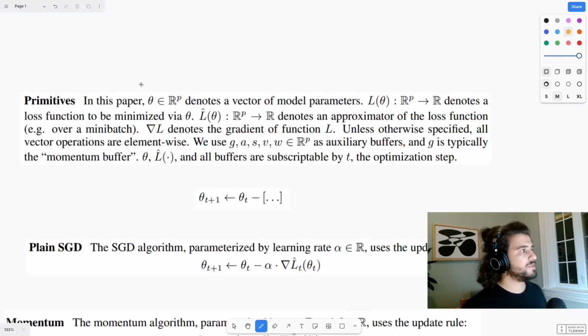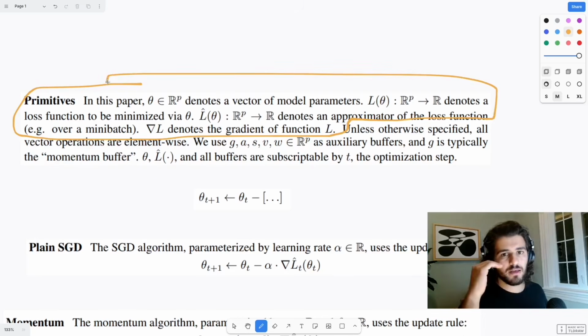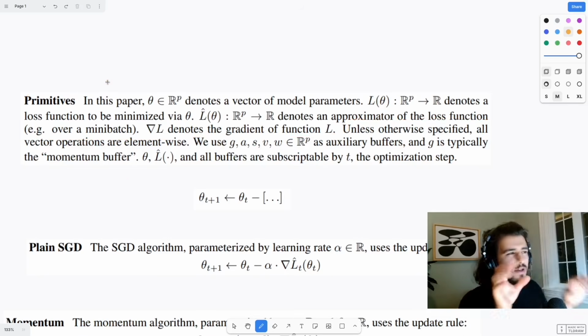Like all of these, it's already a whole bunch of unknowns that are put out. But you have to stop and really put in your head what all of these mean. And then you have the vector operations being element wise, good.